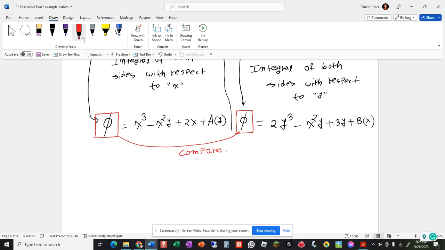Any common term that belongs to both of them, we're going to copy only one. So any common term, we will take only one of them.